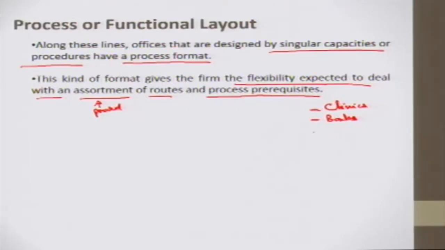So similarly, when we go to an auto repair shop, or in libraries also, the books are arranged according to the sections here. I can even put the institutes or universities.